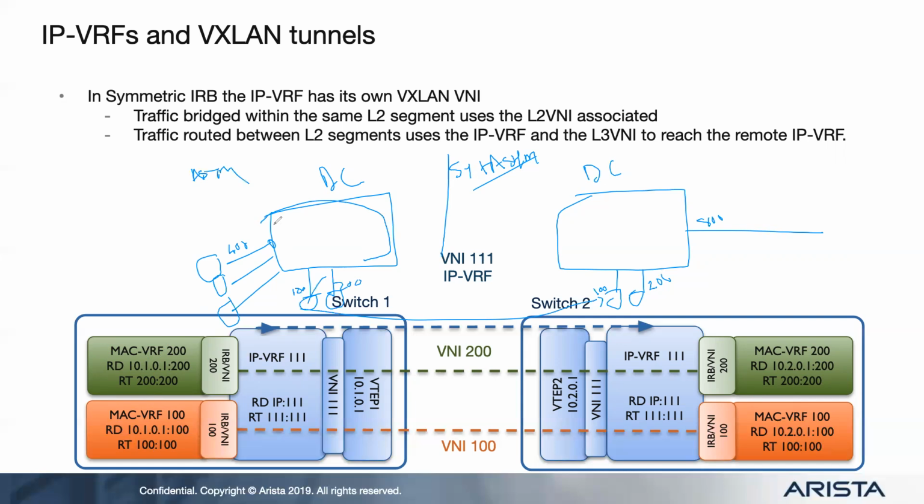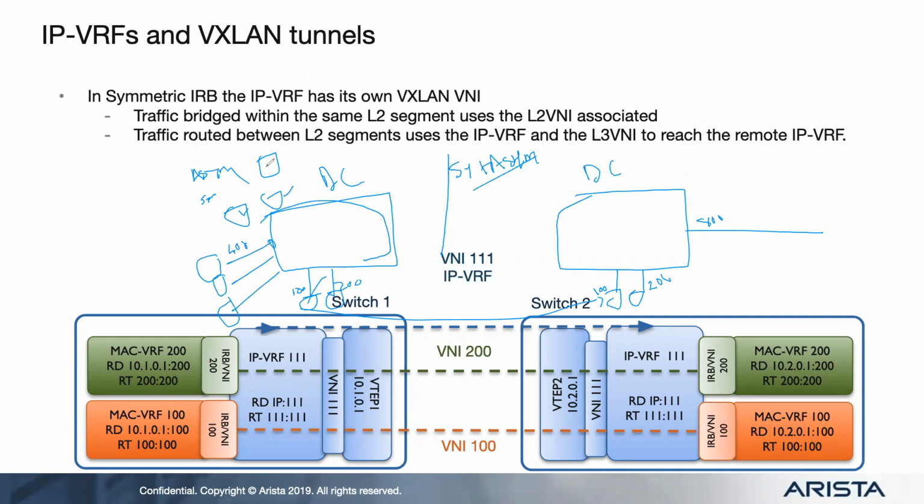Where all the VTEPs have all the SVIs, to avoid complexity. But if their routers or switches are not that capable, then they might go with symmetric IRB, or even centralized. That we'll discuss.